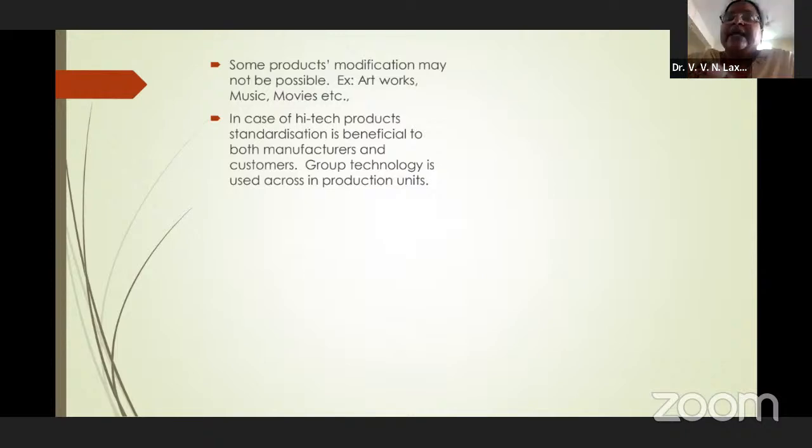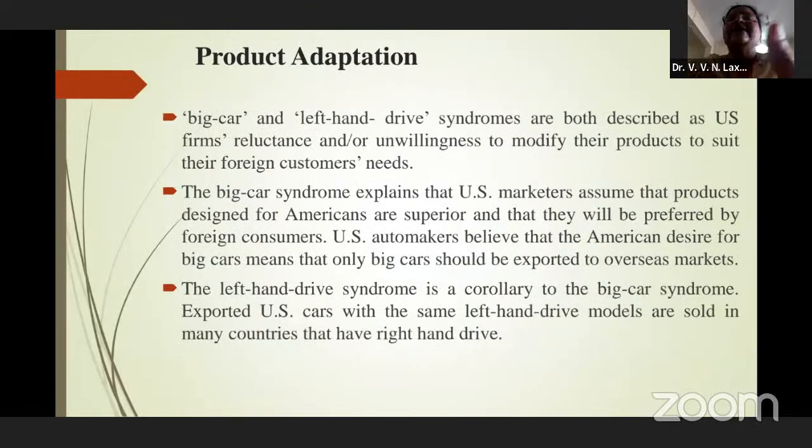In the same way, in the case of high-tech products also, standardization is more beneficial. That is why group technology-based production and cellular technology-based production are introduced across the world. Now let us see adaptation.